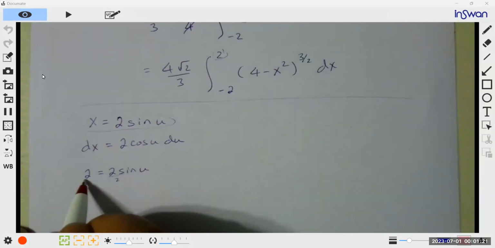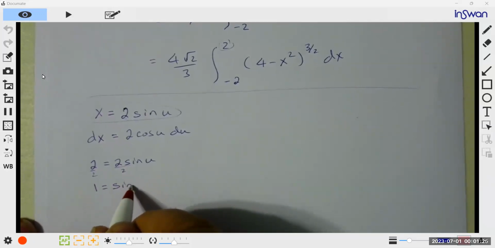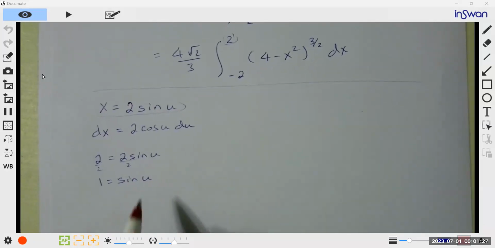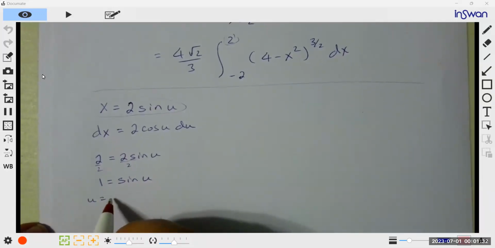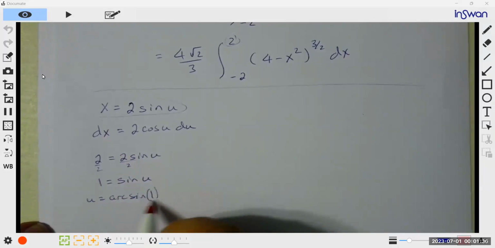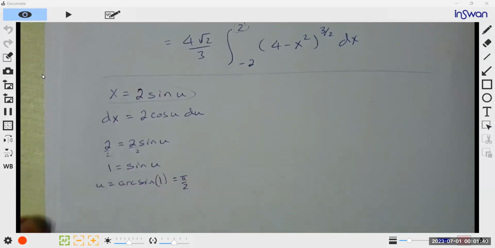So we divide by 2 both sides and take the arc sine. So the upper bound is the arc sine of 1, which is pi over 2.